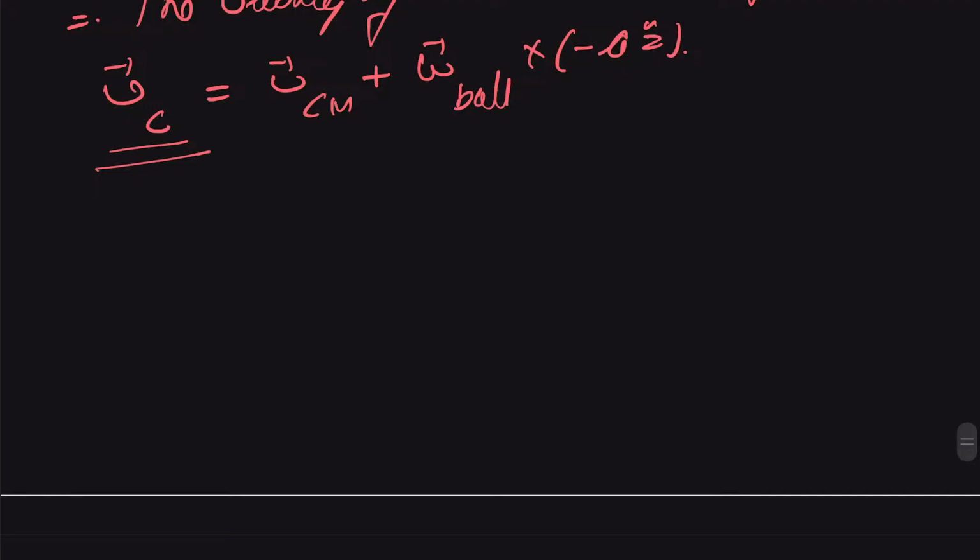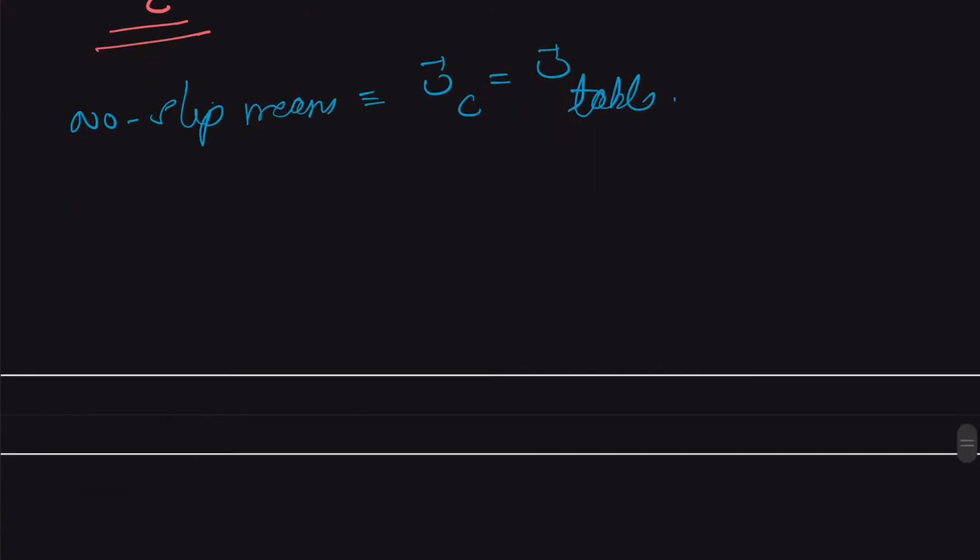You can say that no slip means that our velocity of the contact should be equal to velocity of the table. Okay, if it's not satisfying this condition, there will be slipping between the ball as well as the table, because the table is also continuously rotating. And we can just simply substitute it now.